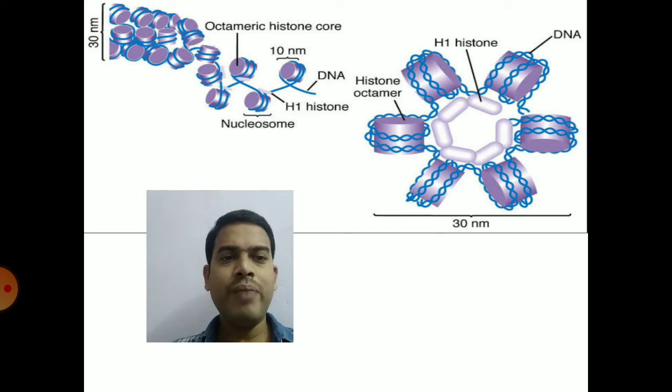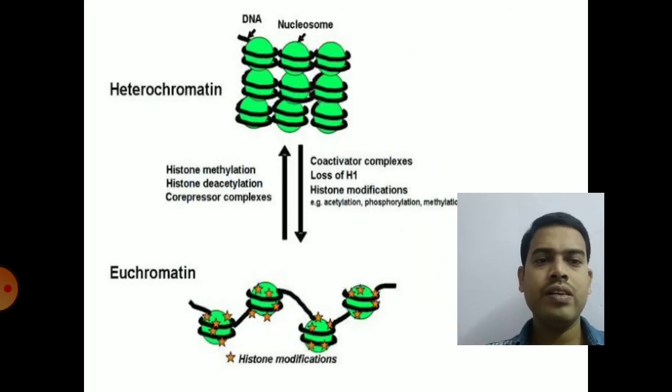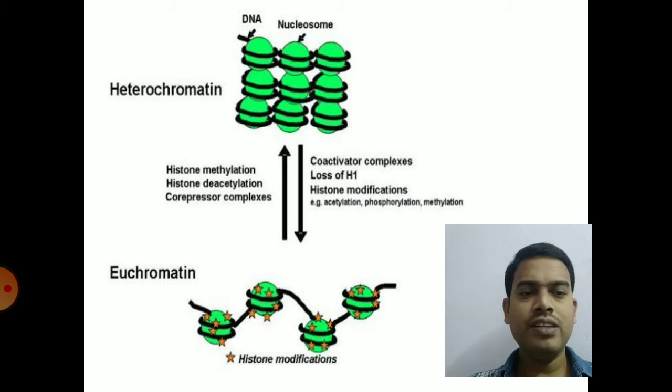So it is compacted in the form of solenoids, which have 6 nucleosomes, and it will form the first 30 nm fiber. Further condensed, it will form a 200 nanometer fiber. Further, chromatin to chromosome. That is how the DNA is compacted in eukaryotes.